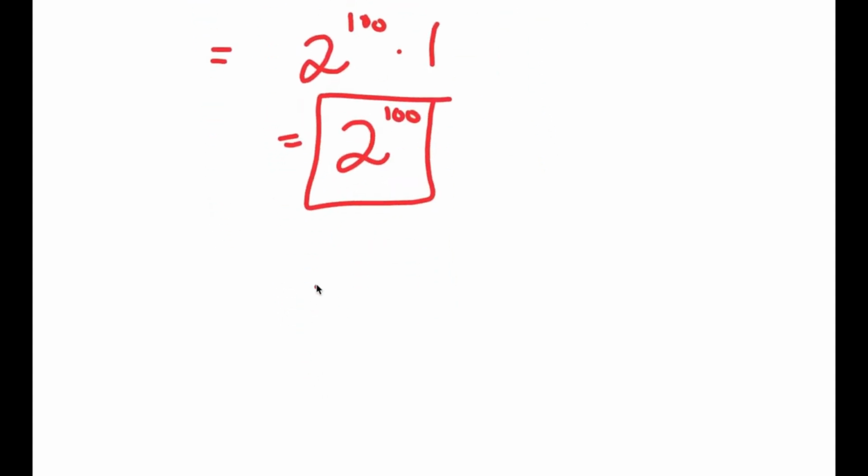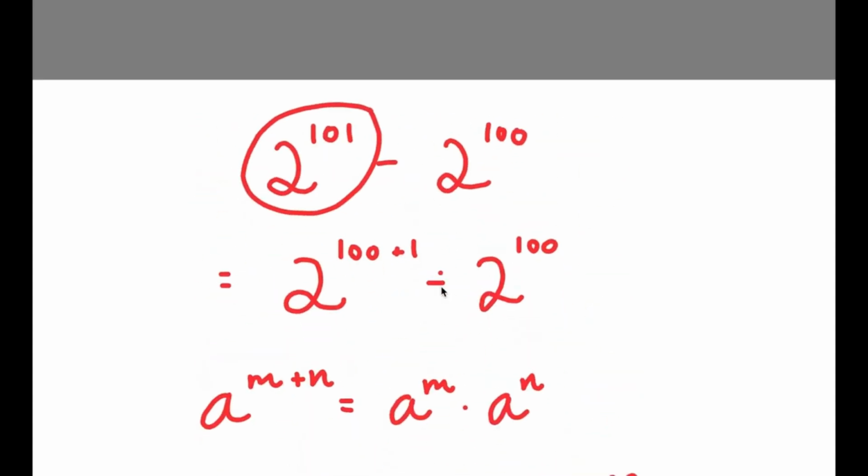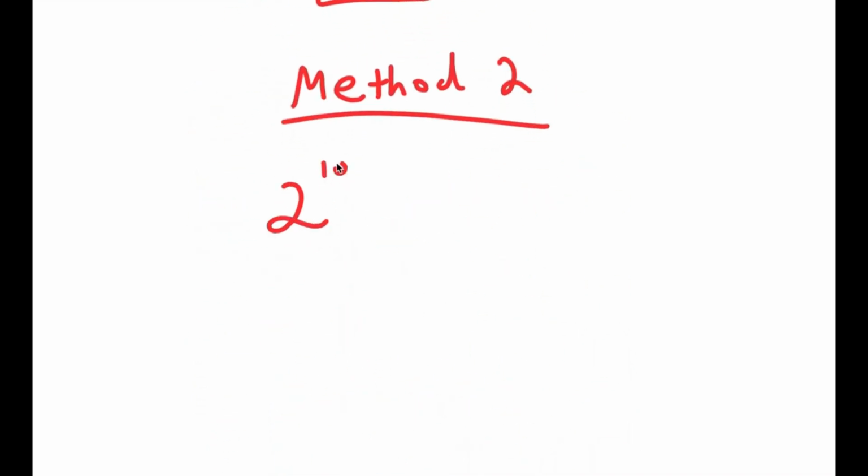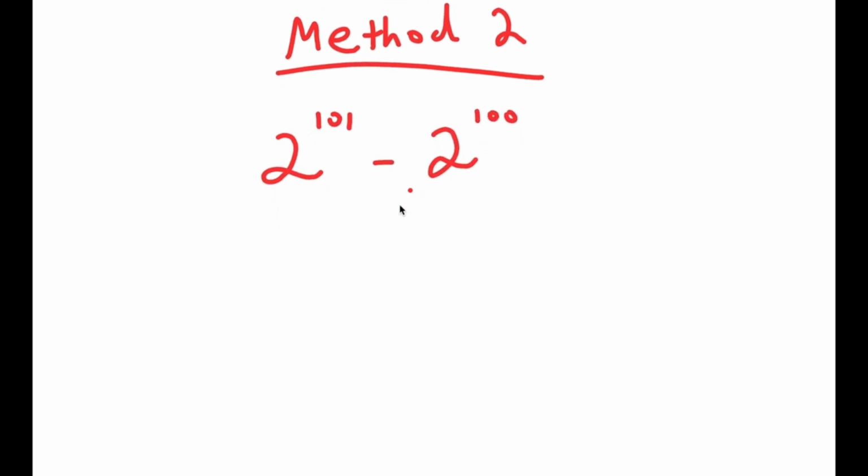Now, there is actually another method of solving this problem. So going back to the problem, I have 2 to the power of 101 minus 2 to the power of 100. Now, before I rewrote 101 as 100 plus 1, but how about I rewrite 100 as 101 minus 1?